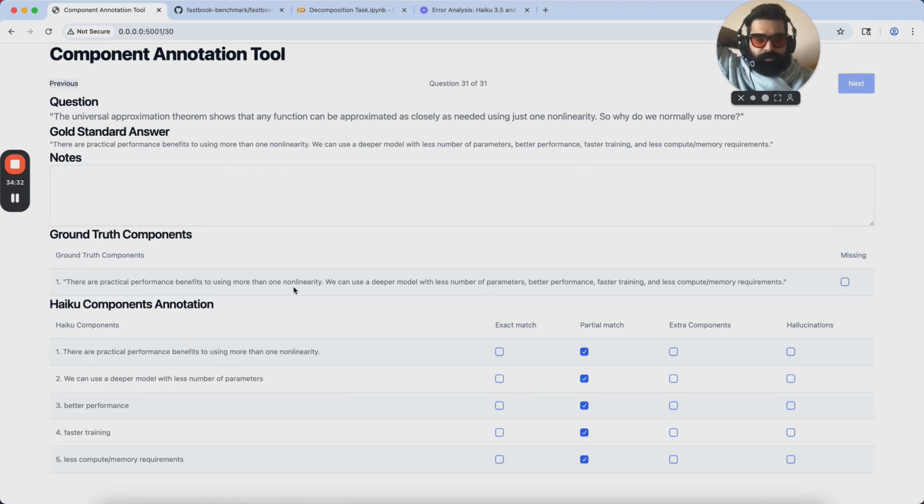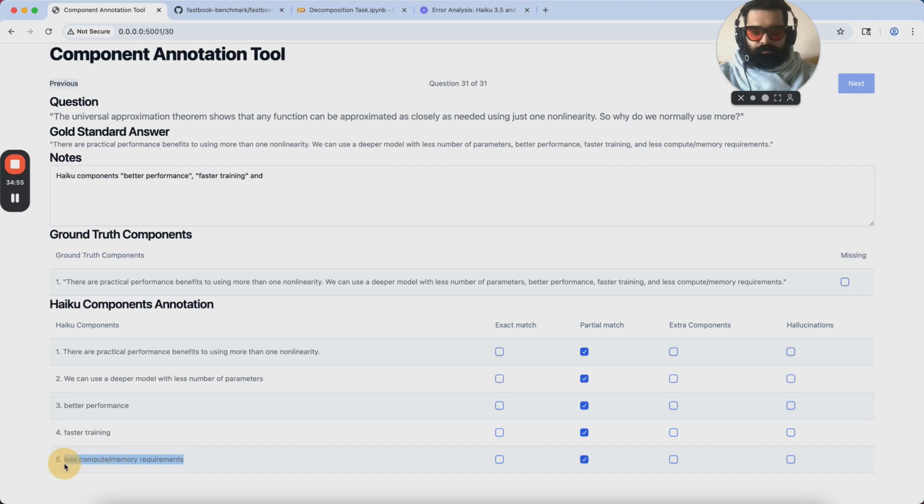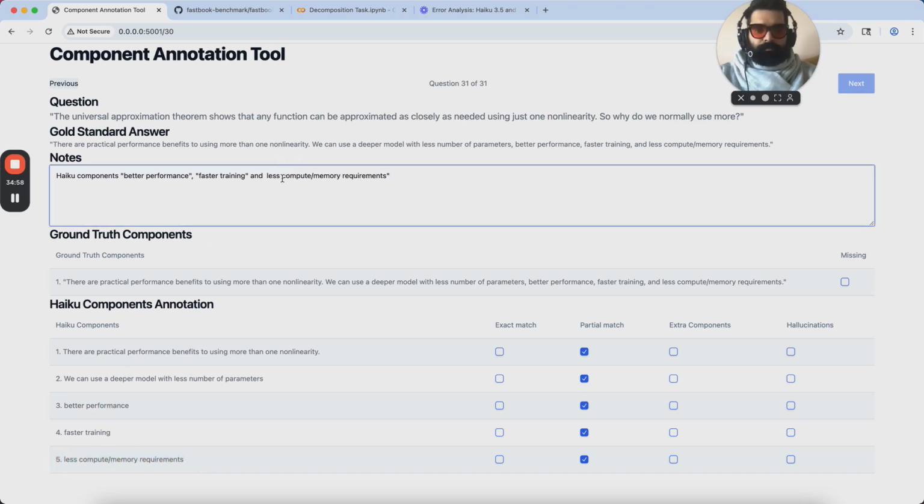Okay. And then here's one where we have one component, but Haiku has 5. More than one linear layer, we can use a deeper model, better performance, faster training. So Haiku components are too general and may dilute retrieval results.